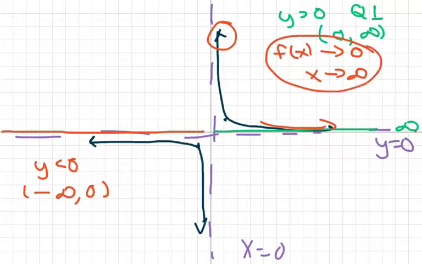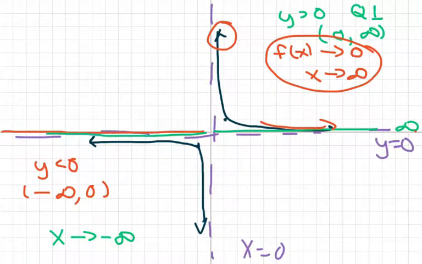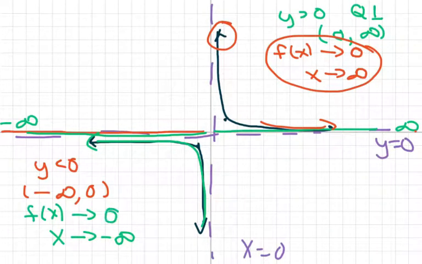Now for this quadrant 3, as x approaches negative infinity, so as x is going this way, what's happening to my y? My f of x, which is your y, approaches 0.